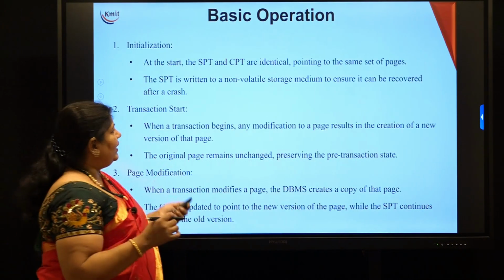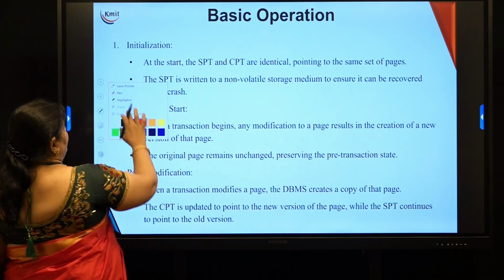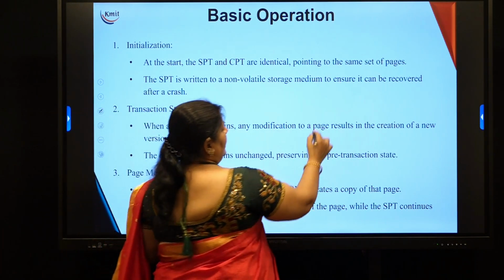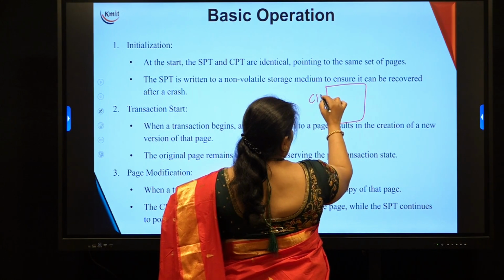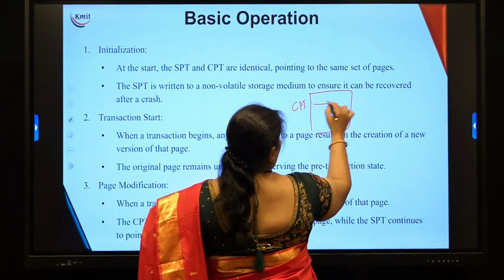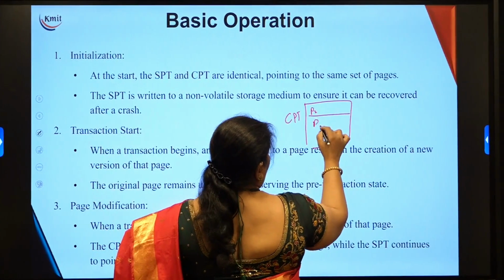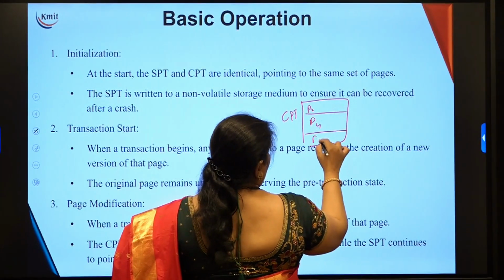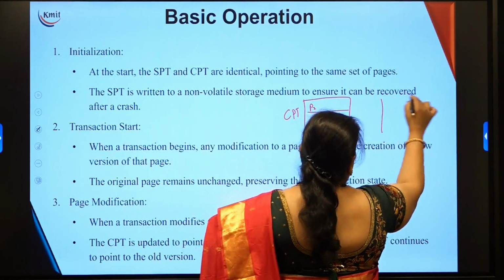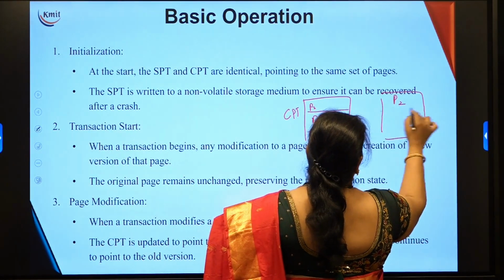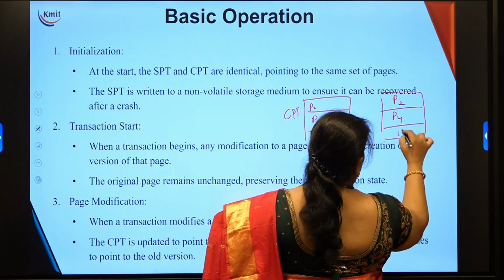Let me talk about a situation. There will be two page tables maintained. This is your CPT, which will contain, let me say, P2, P4, P1, the different pages it is accessing, and the SPT will also have P2, P4 and P1.